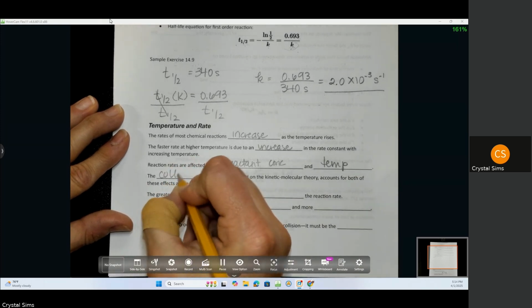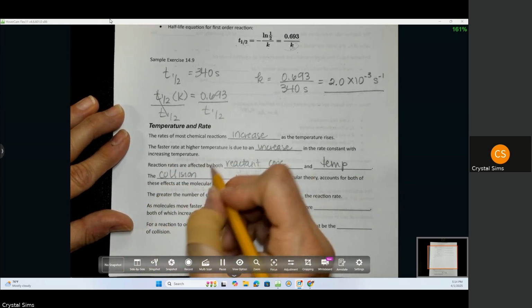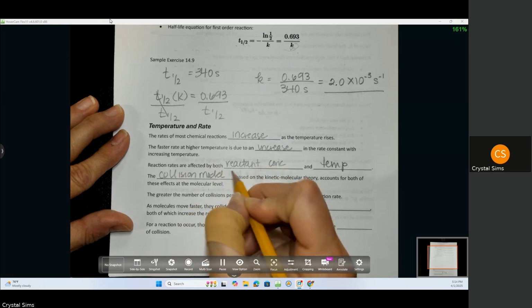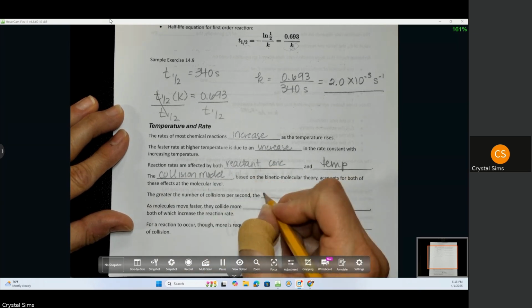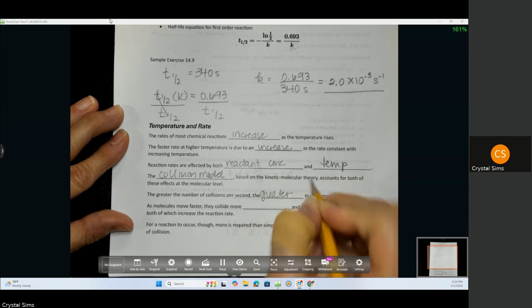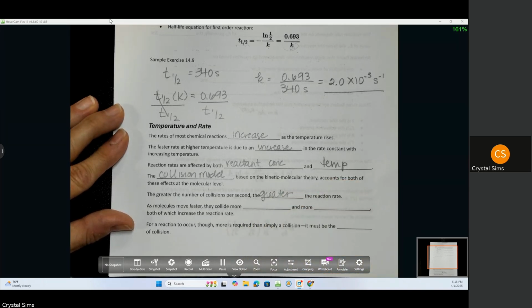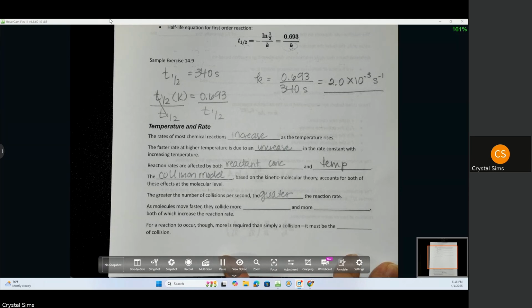And this all goes back to what we've been talking about this whole time, the collision model. The greater the number of collisions per second, the higher the reaction rate. So as we increase reactant concentration, or as we increase the temperature, we are going to increase the number of collisions that are occurring.